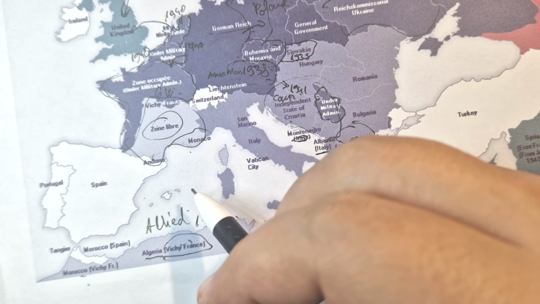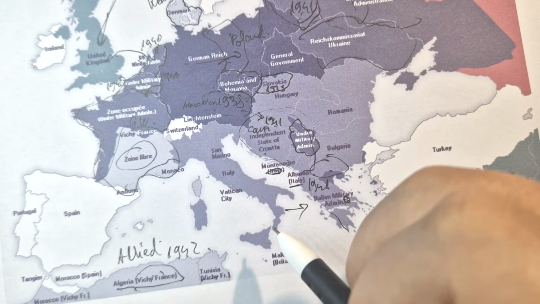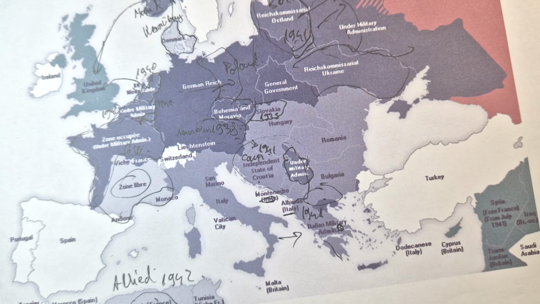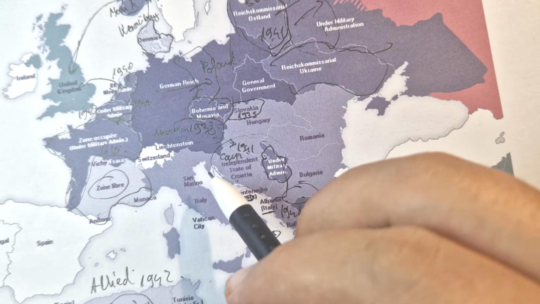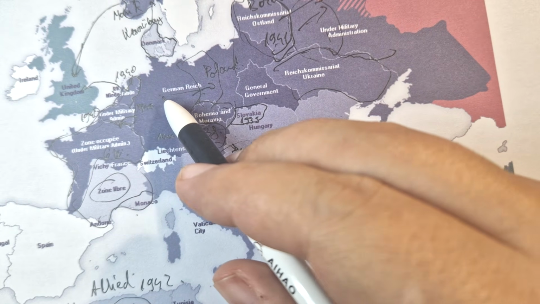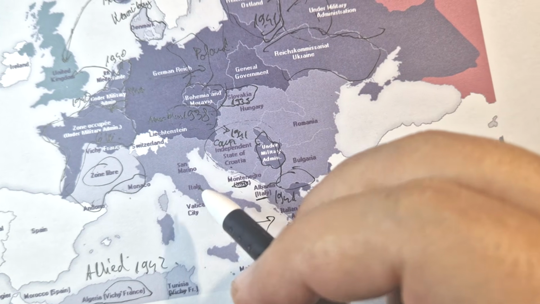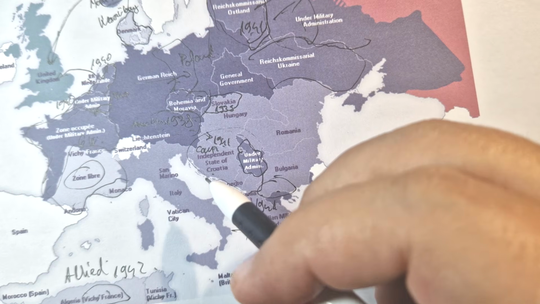1942 was the peak of Axis control over Europe. So, the peak of Axis control, which was formed by the German Reich and its allies, Italy, main allies.